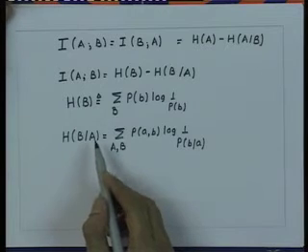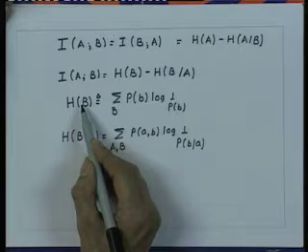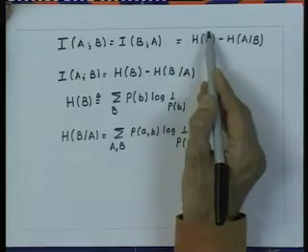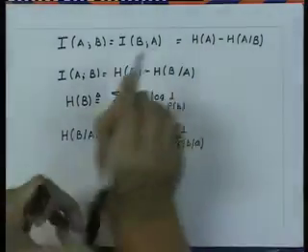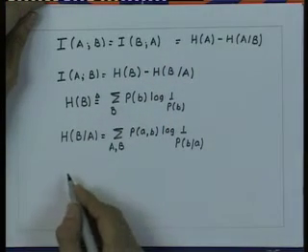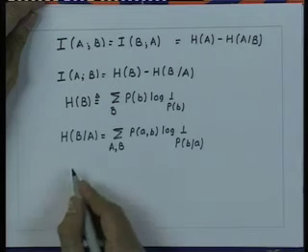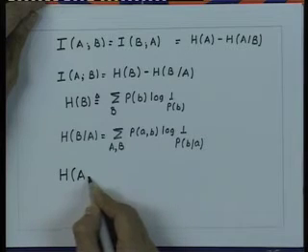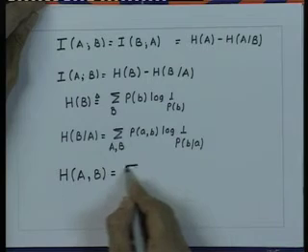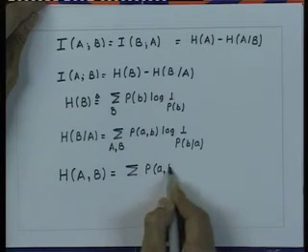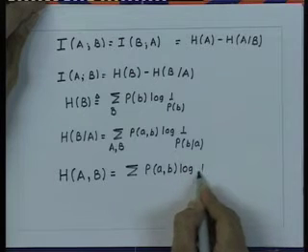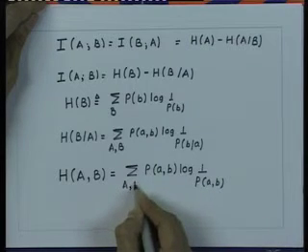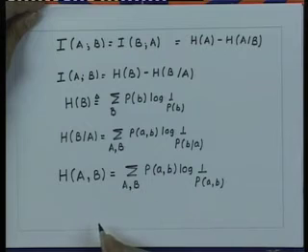Now, in addition to the entropies H(A) and H(B), it is possible to define a joint entropy which measures the uncertainty of the joint event A_i B_j, and that will be given as H(A,B) equal to summation of probability of A B log of 1 by probability of A B, summed over the input alphabet and output alphabet.